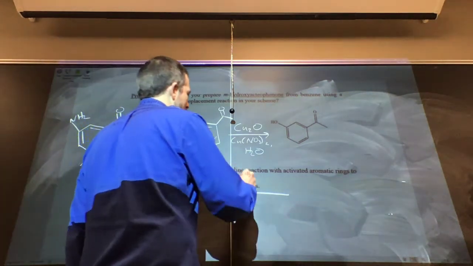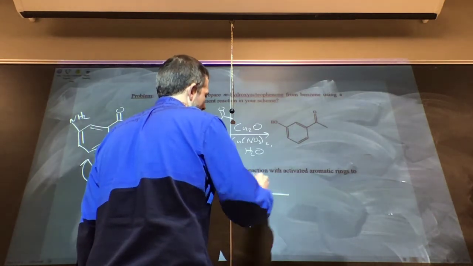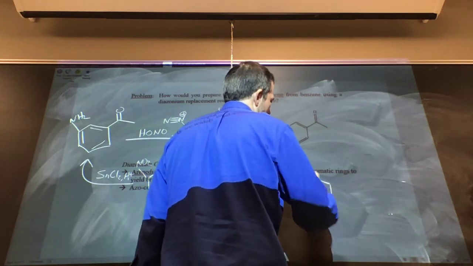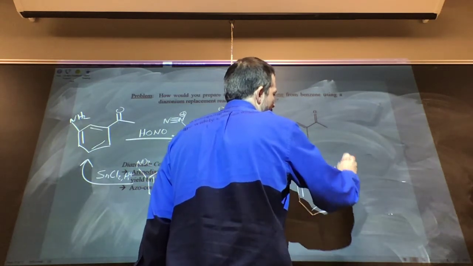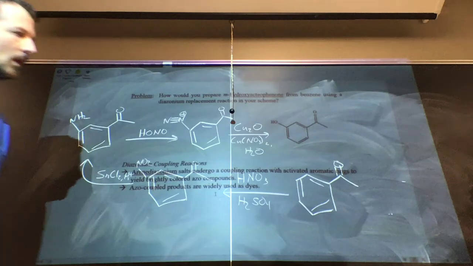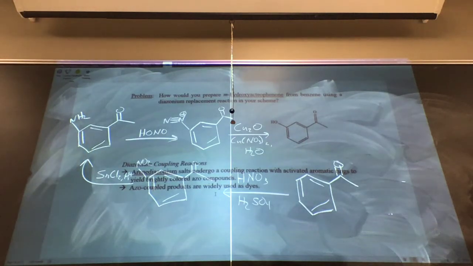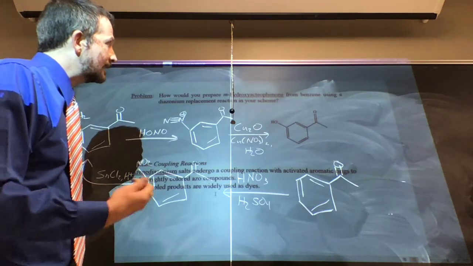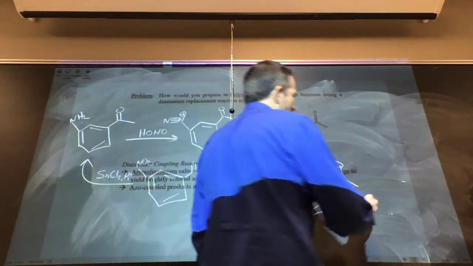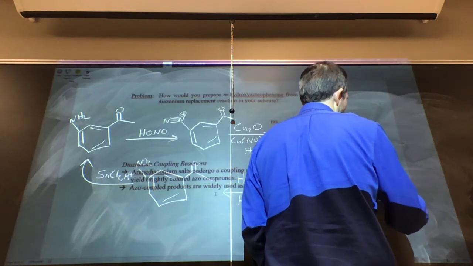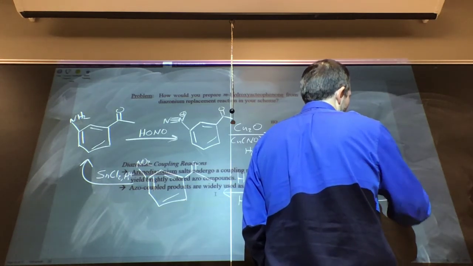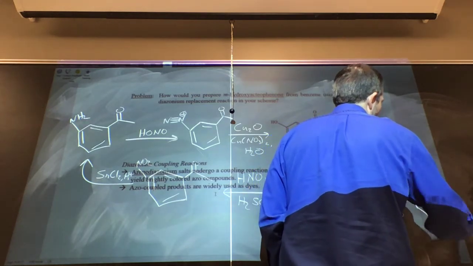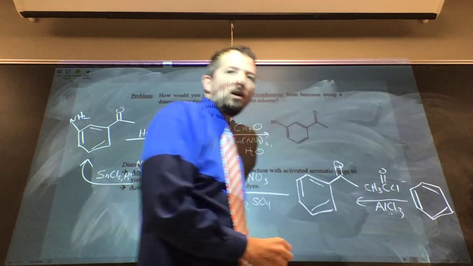So I could add my nitro group to my acetophenone. And now it says from benzene, so I could do a Friedel-Crafts acylation there, to get all the way back to benzene.